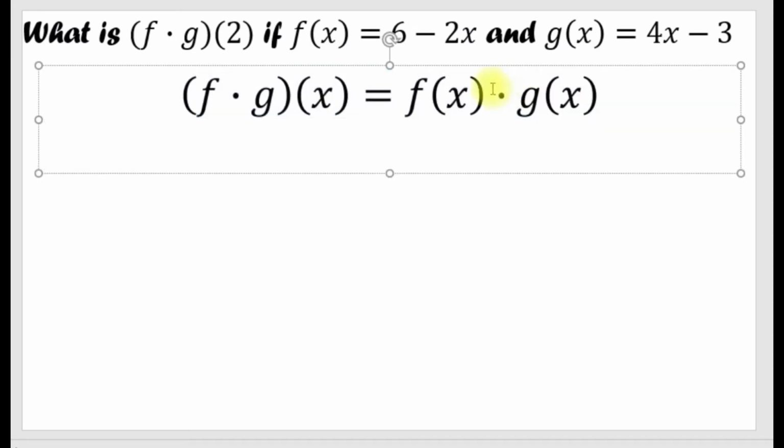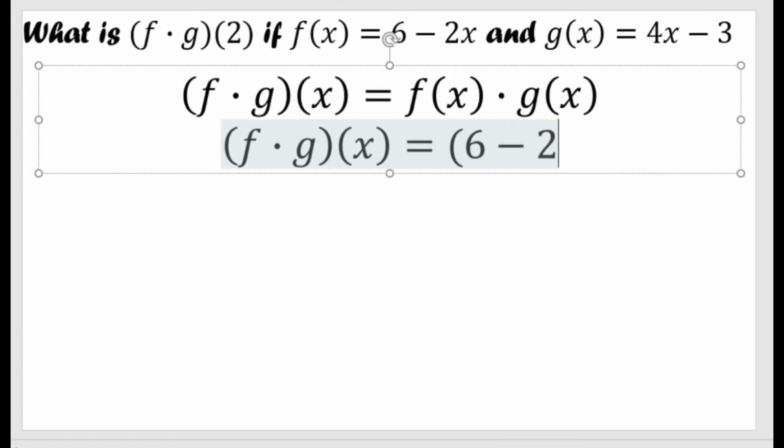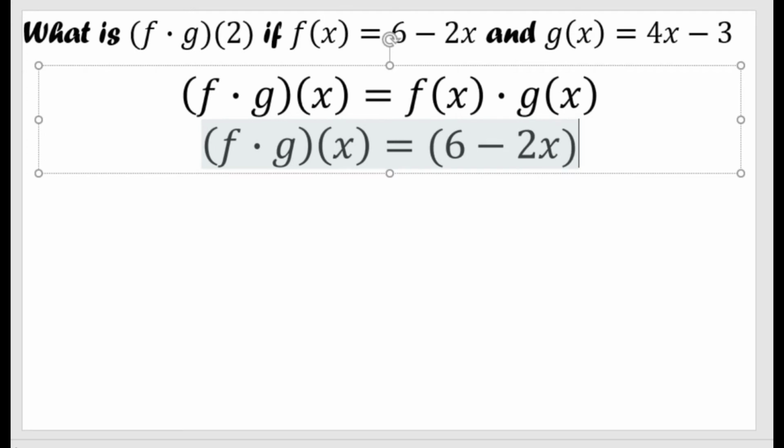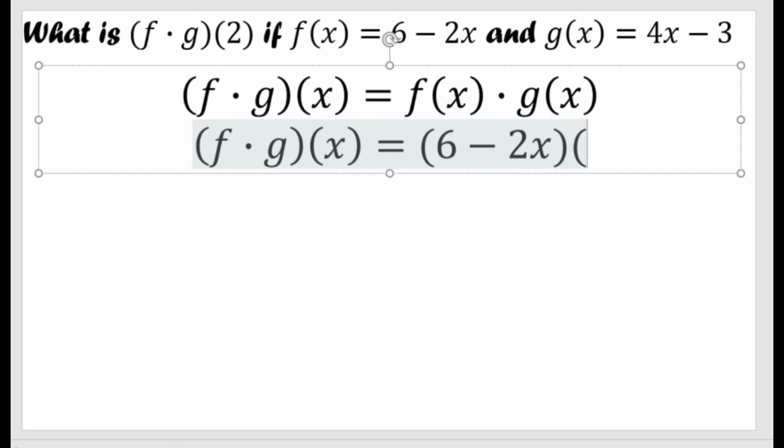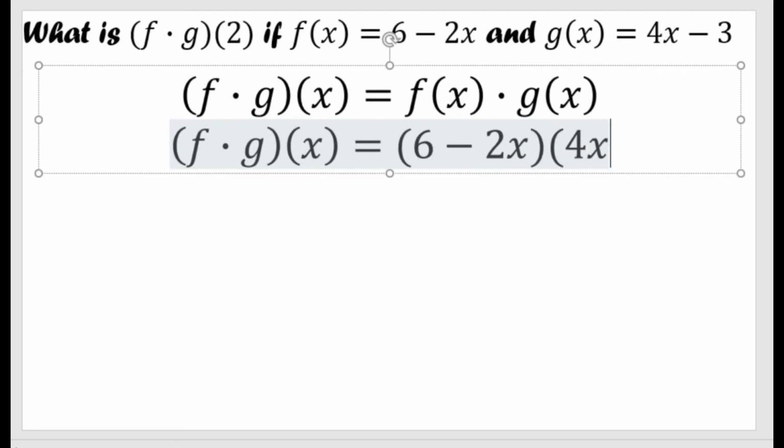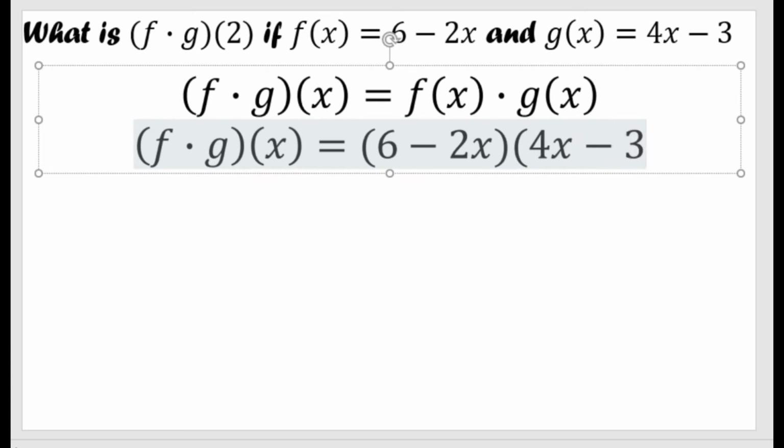And then after that, we're going to perform substitution. That is 6 minus 2x times 4x minus 3.